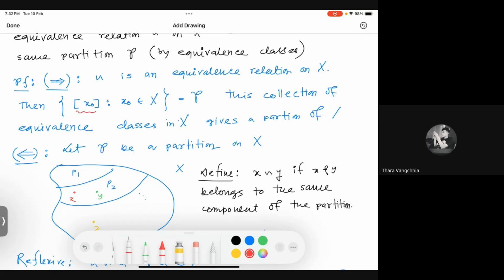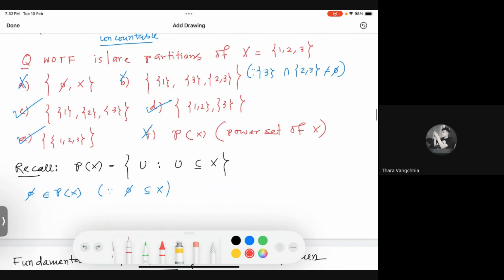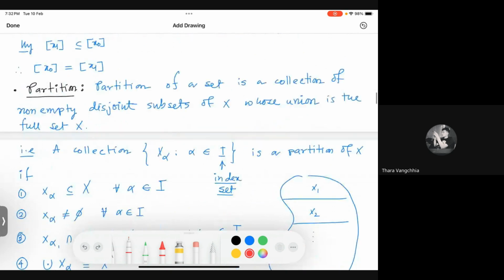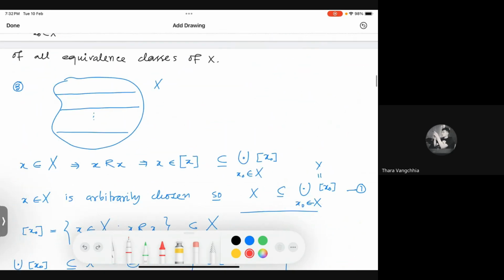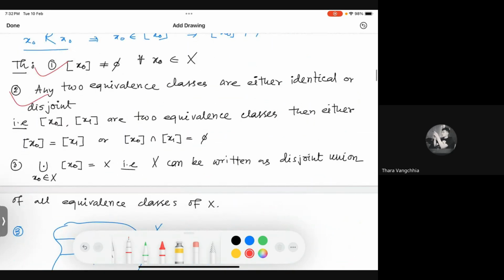Obviously, when you take the classes, and this is a set, then take only those classes which are distinct. So this is the partition. Why is this a partition? Because it satisfies these four properties. Why does this satisfy these four properties? By these theorems. Okay.